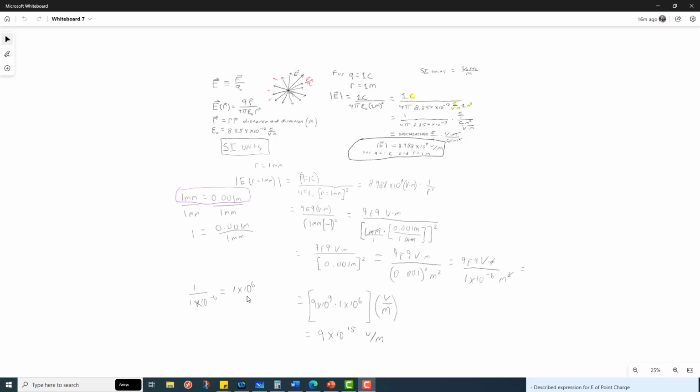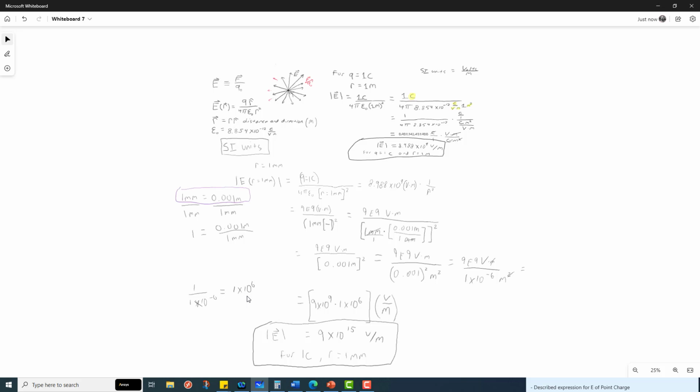So if I can just clean this up, if we compare what we did with the previous calculation, this was the magnitude of E, and we still had one coulomb, and let's say R equals 1 millimeter. So those are the values that we used for this calculation. And remember the calculation that we did up here, where all we changed was the distance.